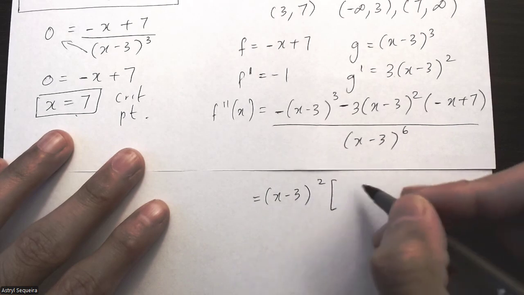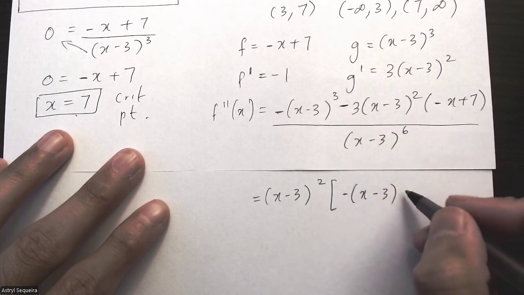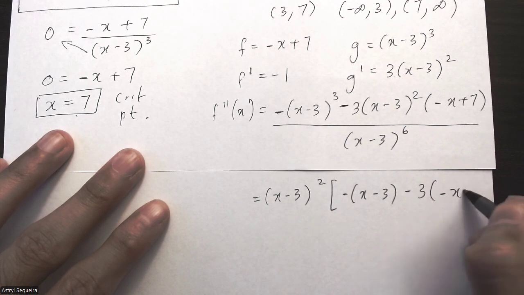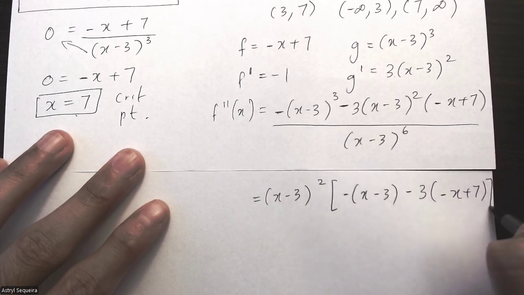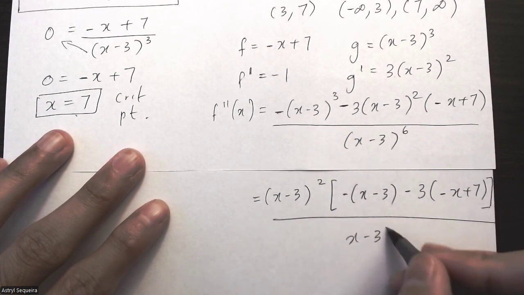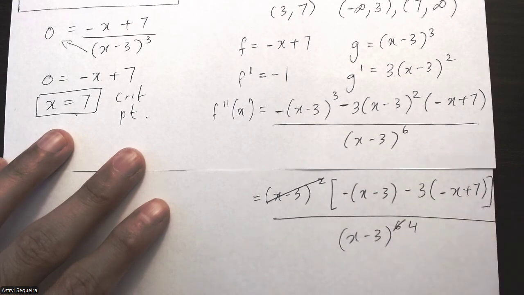And then I'll be left with negative x minus 3, minus 3 times negative x plus 7. Denominator stays exactly the same, x minus 3 to the 6. I can cancel this and turn that into a 4.